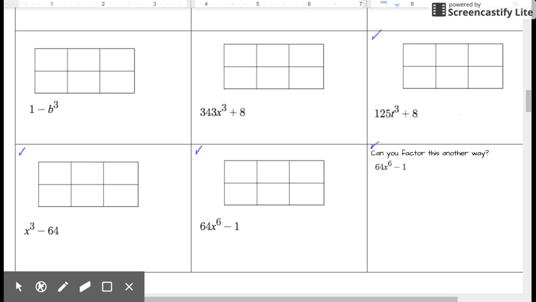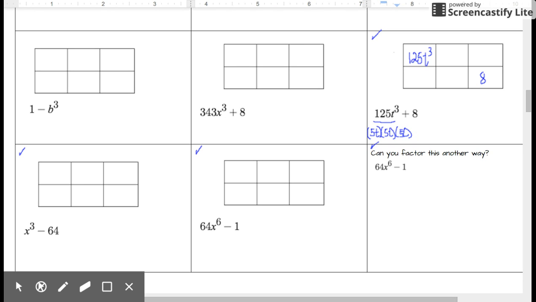So when we multiply, we know that the first number 125t cubed comes from this region, and then 8 is from this region. So now we want to know what do we multiply to get 125t cubed. So we know that that's 5t times 5t times 5t.